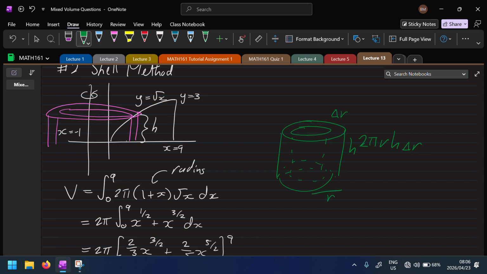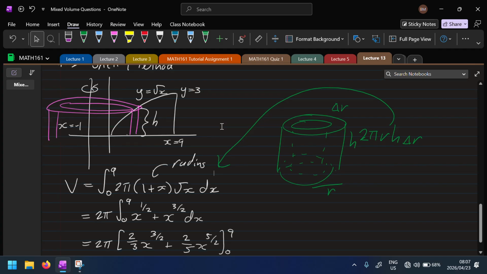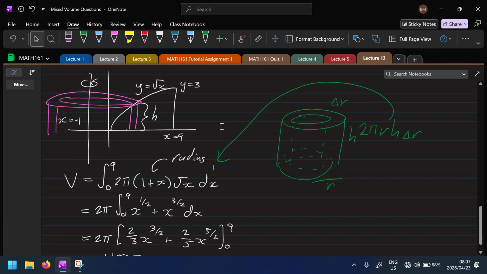That's just the volume, so we're just using that formula. 2 pi r will be the radius of whatever we have there. H is the height of the function we have there. And this delta r is the little dx that we have there. So it's the exact same formula, we just substitute there. Any other questions? All good. Okay, next one.